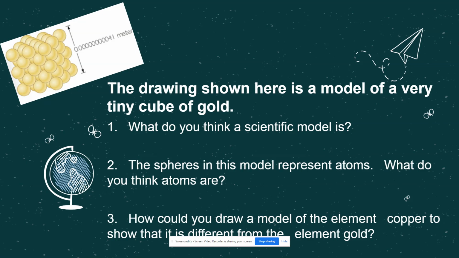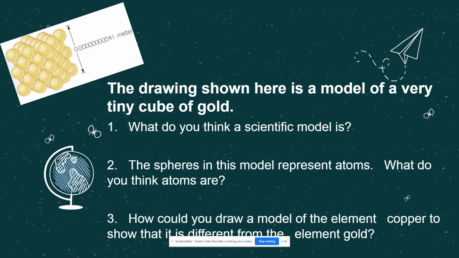But in this case, since we're looking at a tiny cube of gold, we see tons and tons of little yellow or gold spheres, and we are at a very microscopic height. So this model is allowing us to see the different pieces and parts that make up this gold, or how small these items actually are. So we're taking something that's really, really small, and making it large enough for us to see.